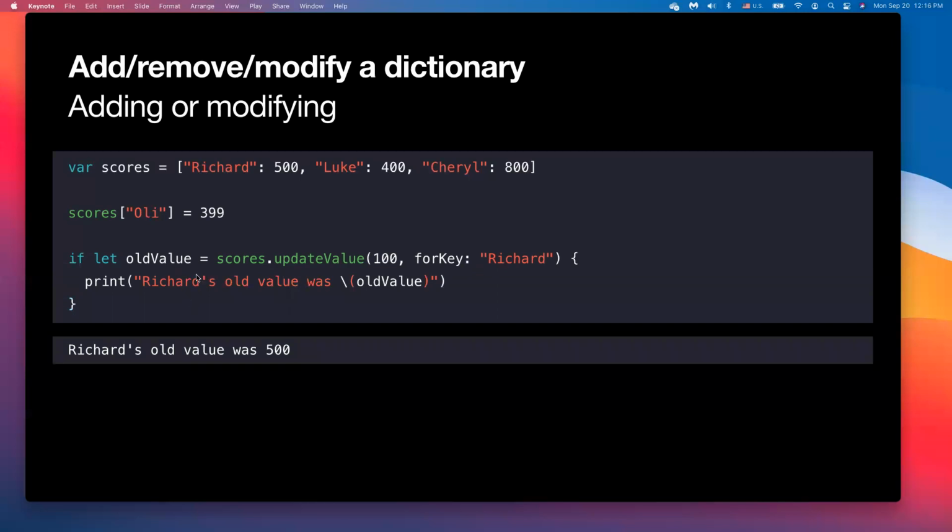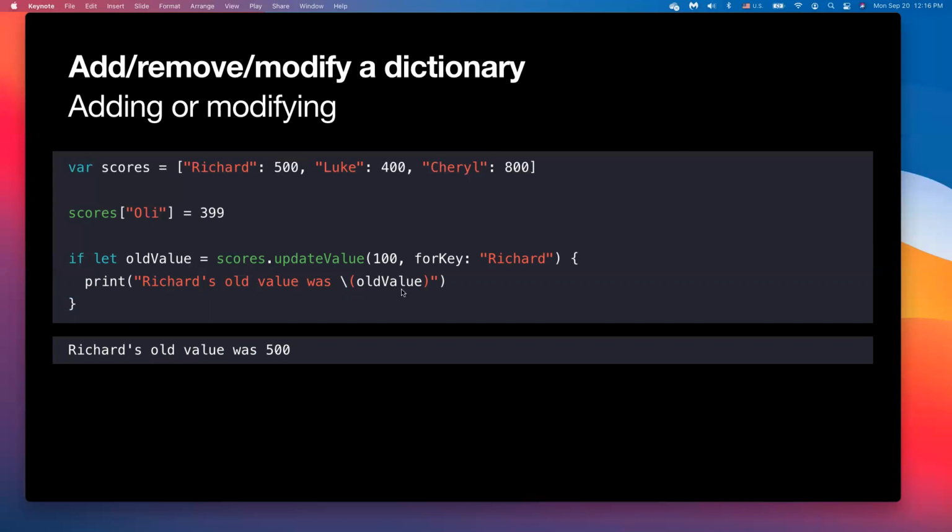There is a way to check if the old value exists or not, and we will use optionals, which we will talk about in future lessons. But for now, we can say if let oldValue. Do we have a value? Do we have an old value? Think about it that way, which means if it's not nil, then you use the old value of Richard.